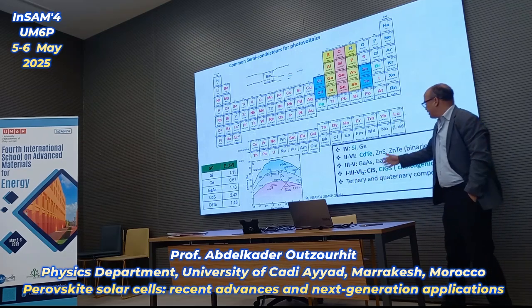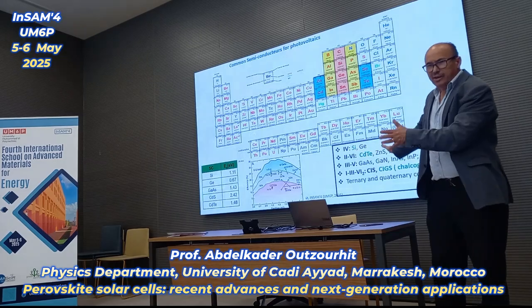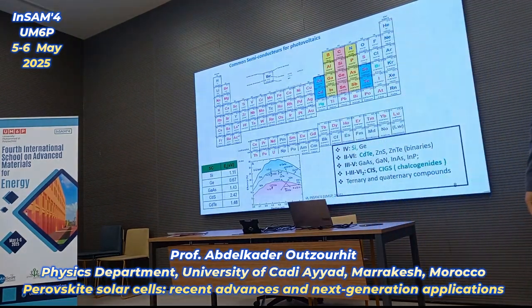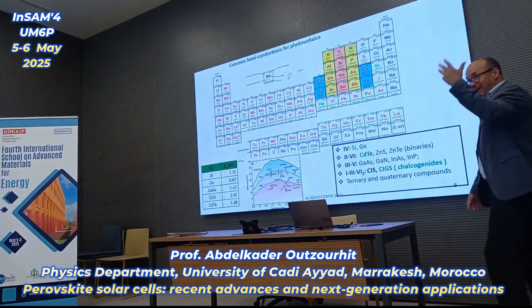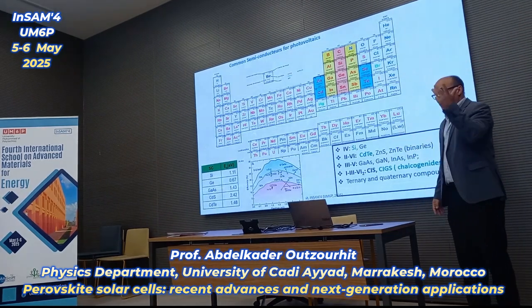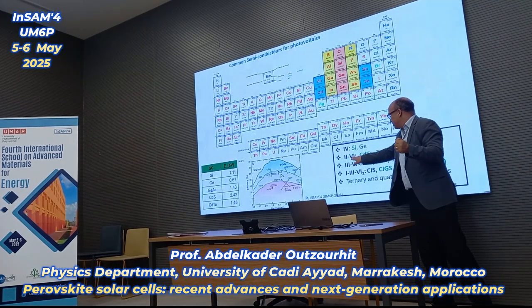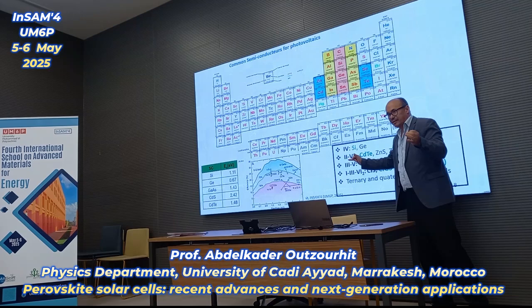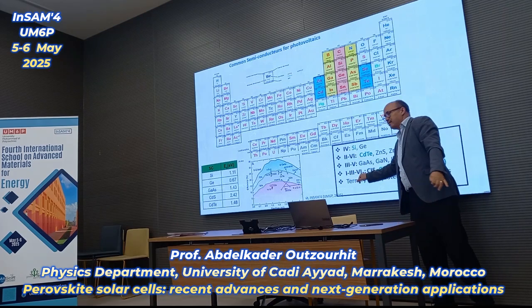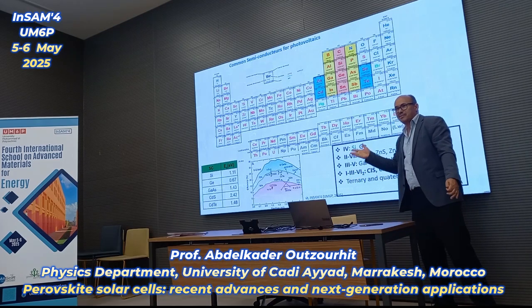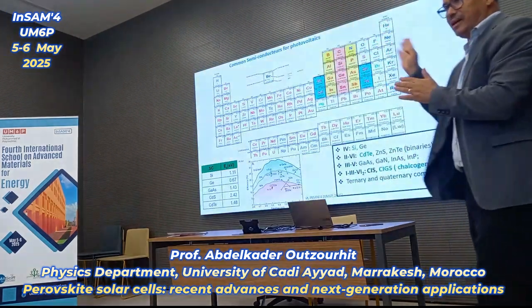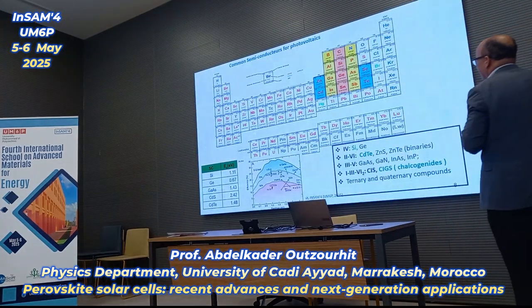The nice thing about these is they all have an average valence of 4. For 2-6, 2 plus 6 is 8, divided by 2, that's 4. For 3-5, the same thing: 3 plus 5 is 8, divided by 2, that's an average of 4 valence electrons. Everything revolves around silicon, the group 4.